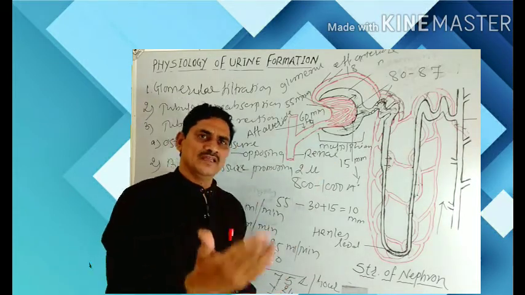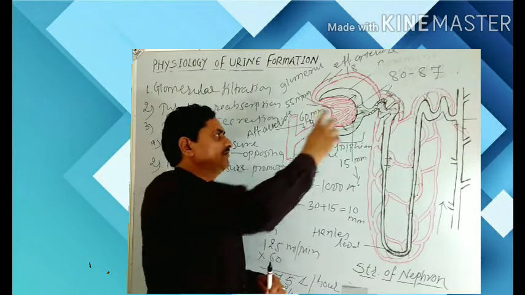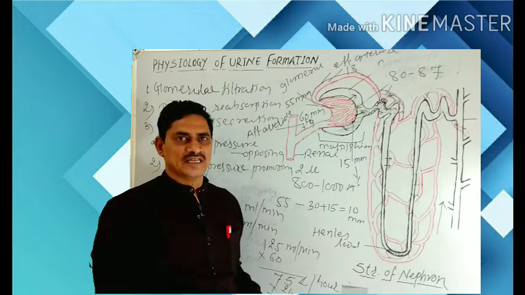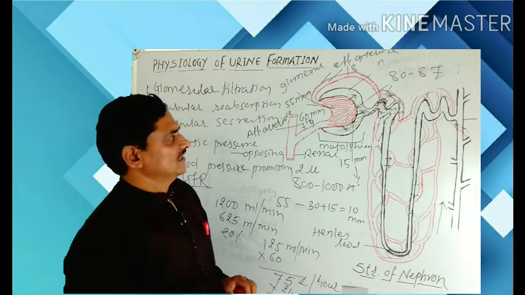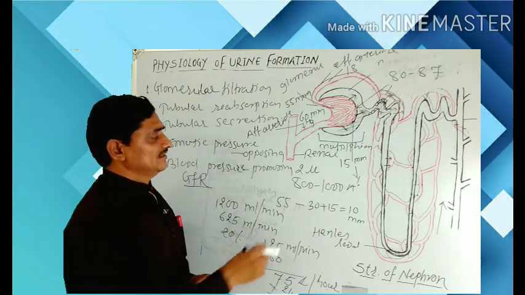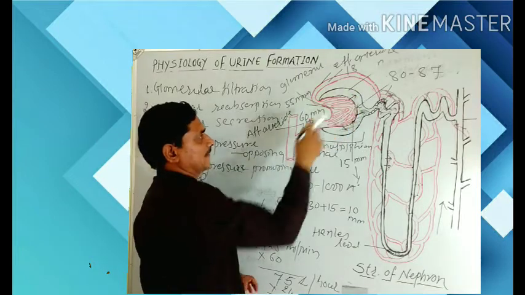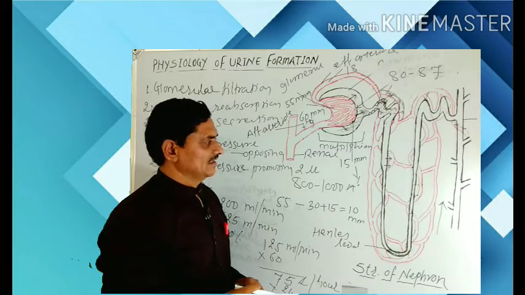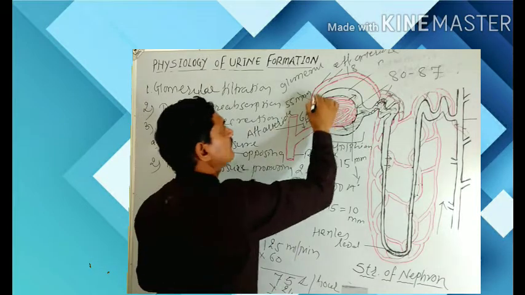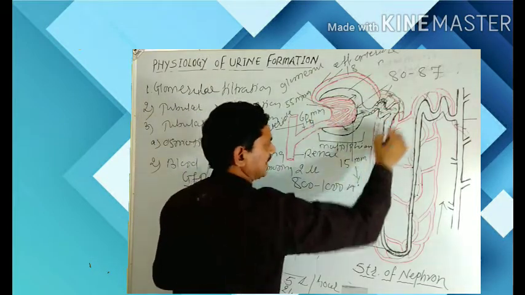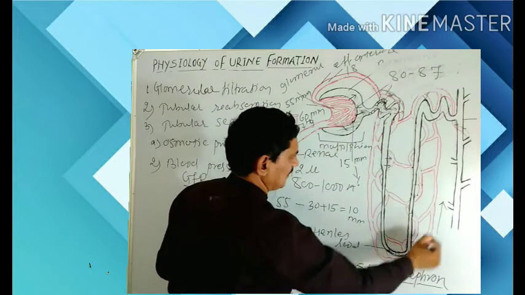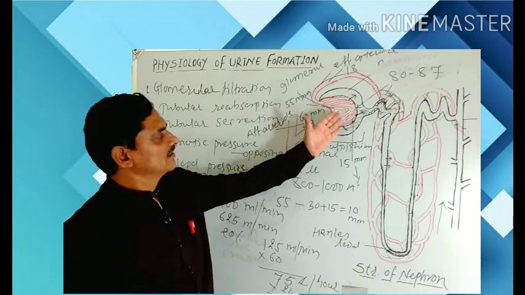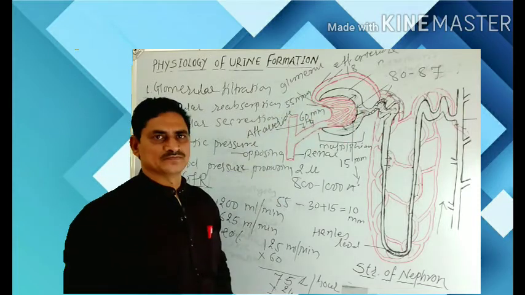Therefore, many substances remain within it: the nitrogenous waste materials and the electrolytes, the hydrogen ions, uric acid or creatinine. These flow along with the vasa recta or the peritubular fluids, as they are not filtered through the glomerulus.